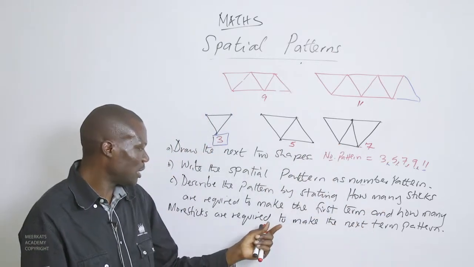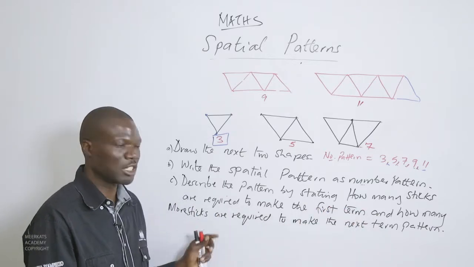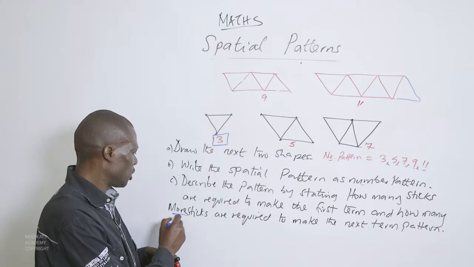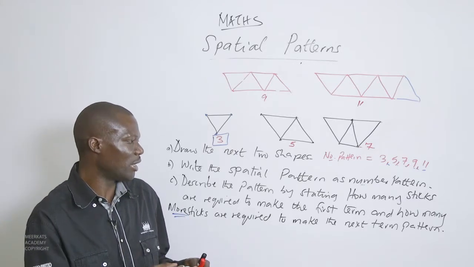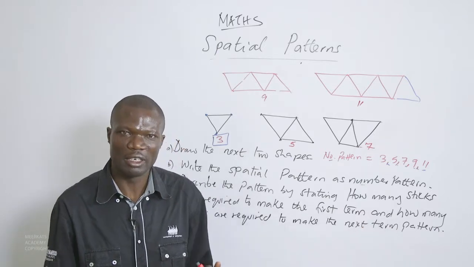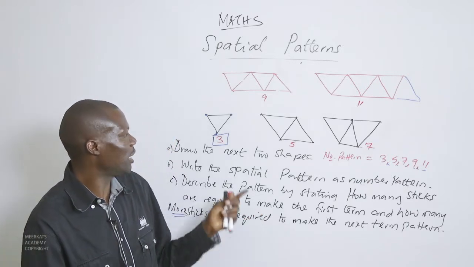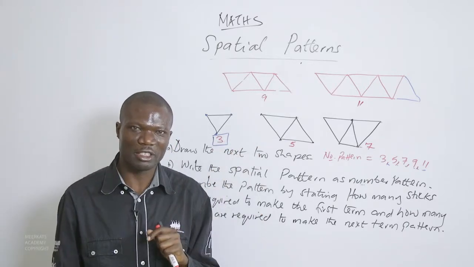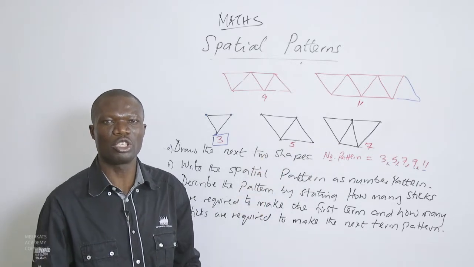And the question is asking us how many more sticks. The word here is more sticks. How many more sticks are required to make the next pattern? Then we are saying we require how many more sticks? It is the next minus the previous, which is 2.